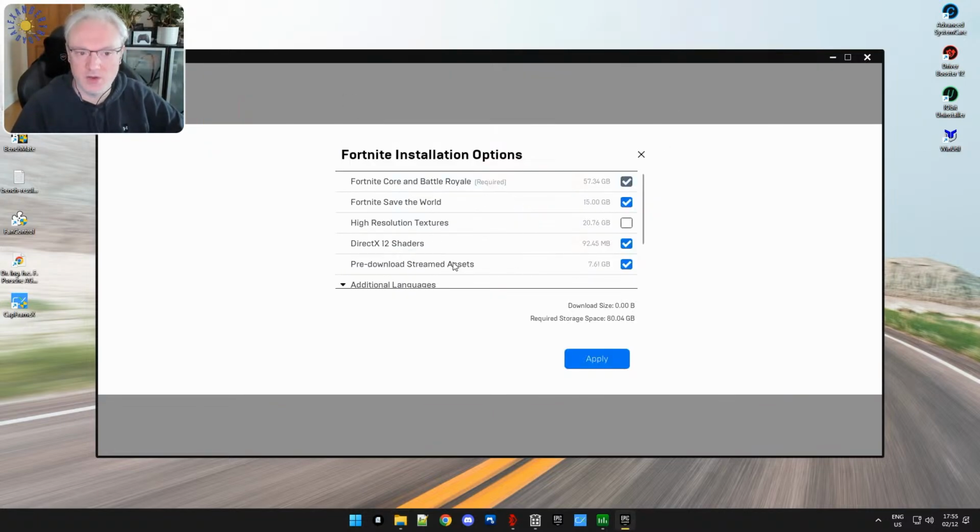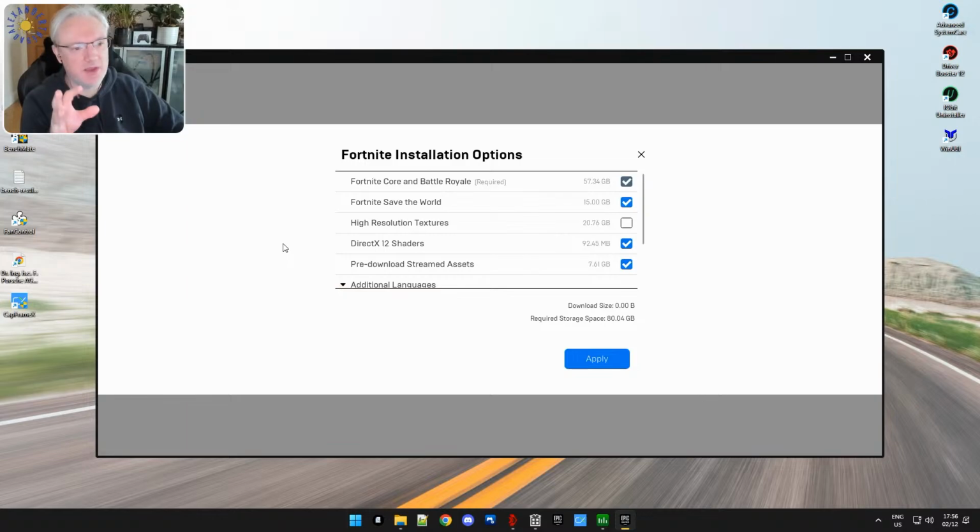Whereas DX12 is actually pre-installing these files and folders, so you don't need to do that. So you can install a new NVIDIA driver and then play straight away, and you won't get any FPS drops at all.